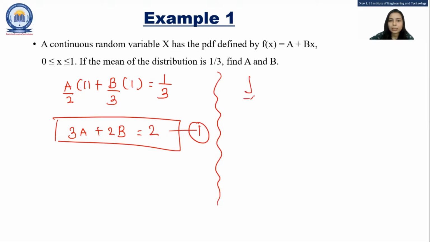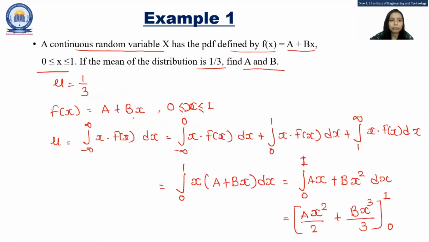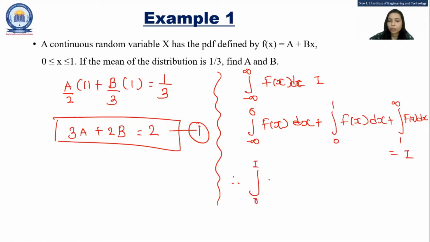Now we know that the integral from minus infinity to infinity of f of x is equal to 1. So the integral from minus infinity to 0 of f of x dx plus the integral from 0 to 1 of f of x dx plus the integral from 1 to infinity of f of x dx is equal to 1. The first and third terms would become 0 because f of x is not defined for minus infinity to 0 and 1 to infinity. So the integral from 0 to 1 of a plus bx is equal to 1.